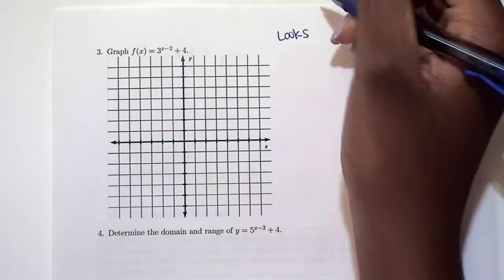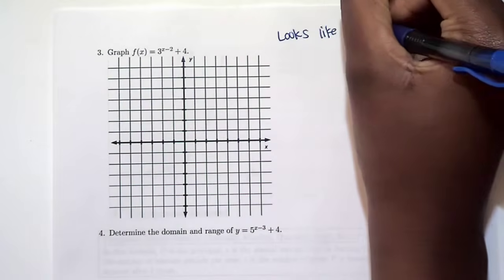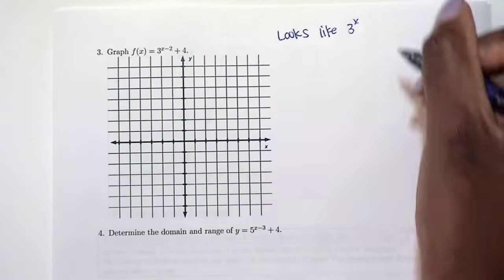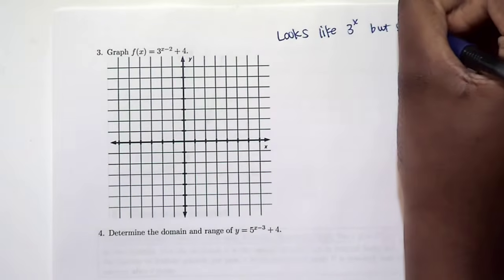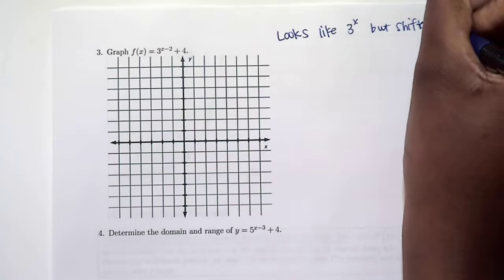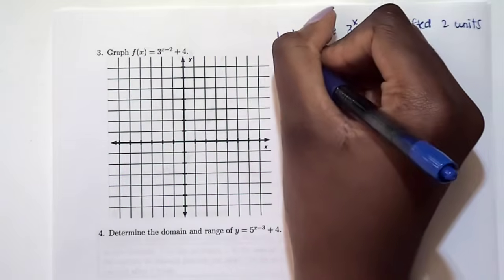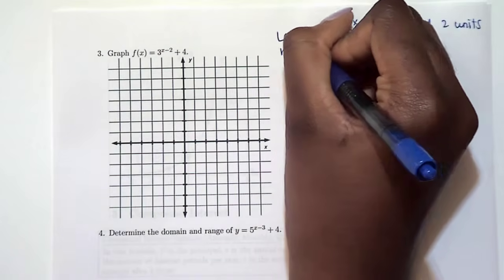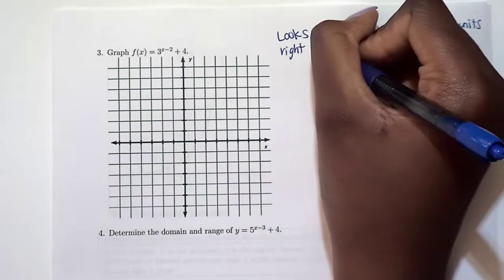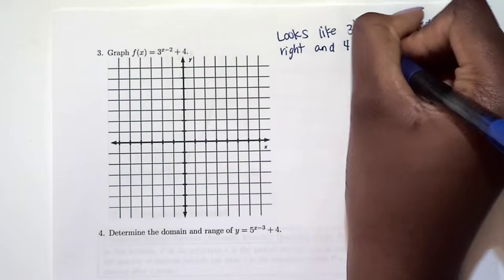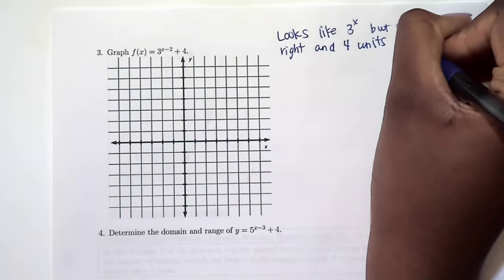So this graph looks like 3 to the x but shifted 2 units right, and 4 units up.